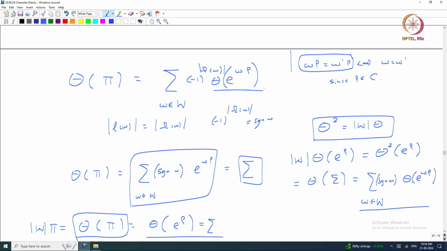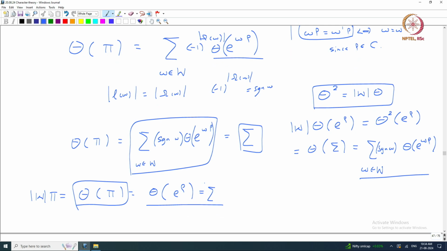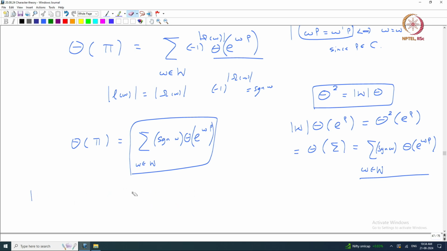So, if you apply this theta here, then theta of pi is theta of this, but theta of w rho is nothing but sine w theta of rho. Okay. So, this equality is not correct. So, if you just go back to this, so you already have this.